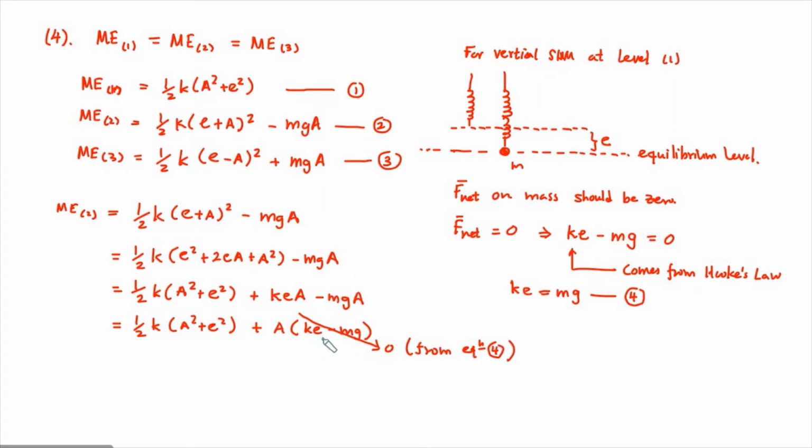So if you subtract mg out from KE, you are going to get 0, and then this is 1/2 K (A squared plus E squared), which is nothing but expression number 1, or mechanical energy at level 1. So mechanical energy at level 2 is identical to mechanical energy at level 1. So that's shown.